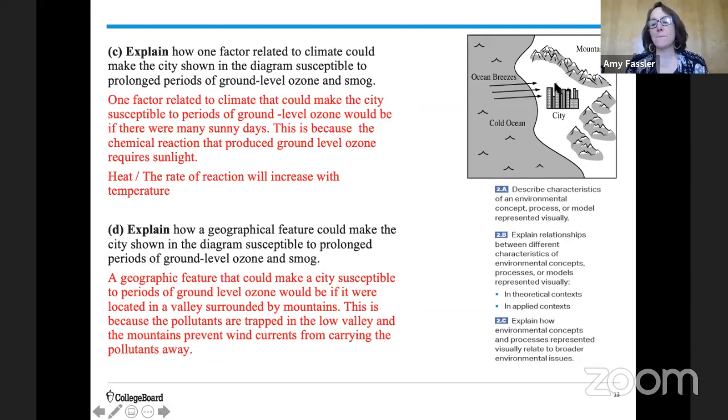The tall buildings could serve the same function, but that's not an appropriate answer for a geographic feature. And that's why we really, right from when we read the prompt to begin with, the stem of that question, we really focused in on what they told me. It made the rest of the question just flow a lot more easily.